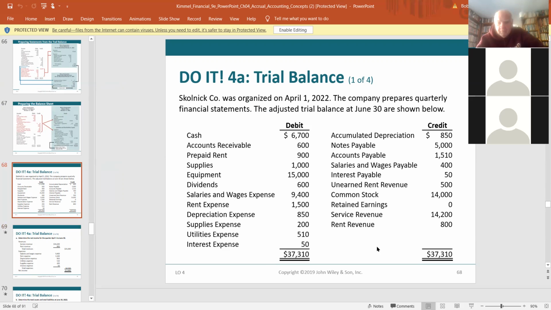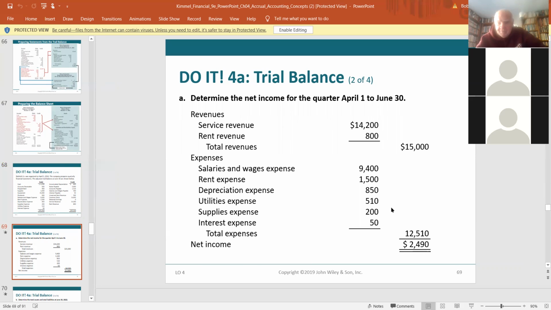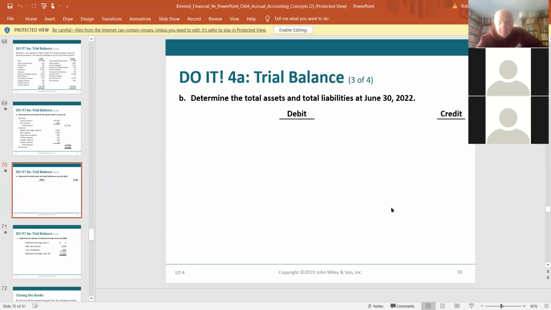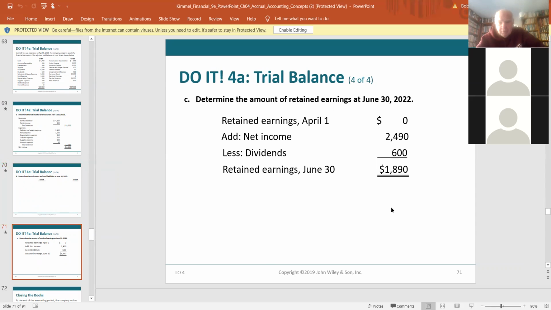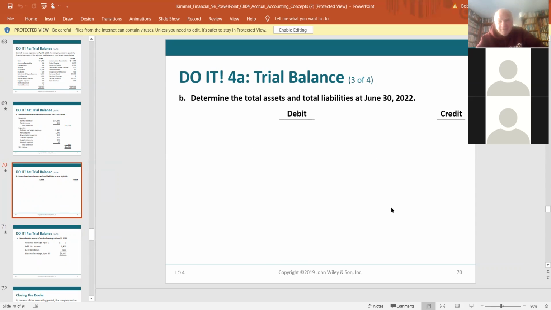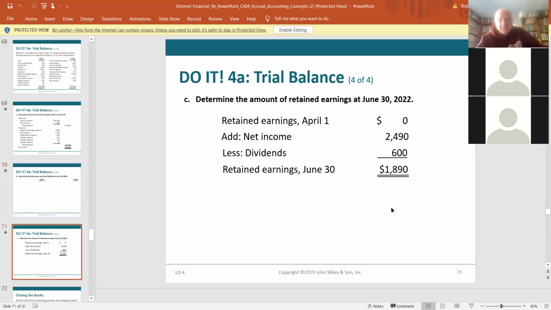The retained earnings statement. Let's see what we have here. Well, they had 0 in retained earnings. They want us to come up with the total. I don't know where this came from, out of nowhere. Determine the amount of retained earnings at June 30th, rather. You have 0 retained earnings.